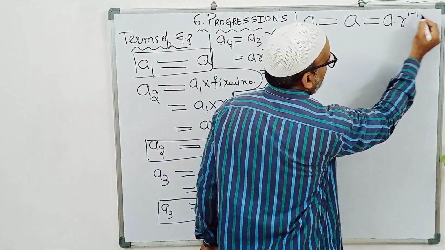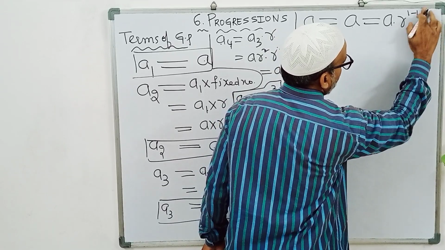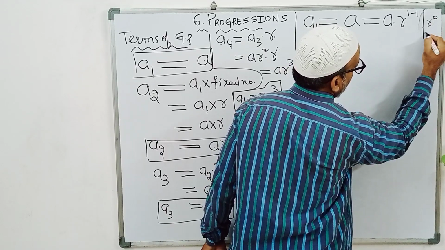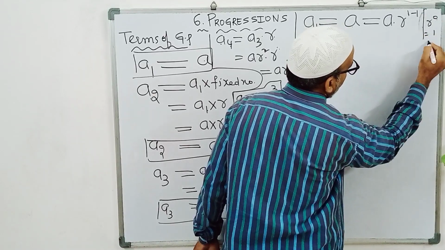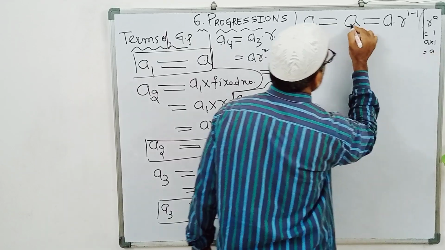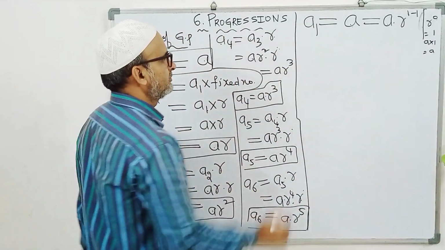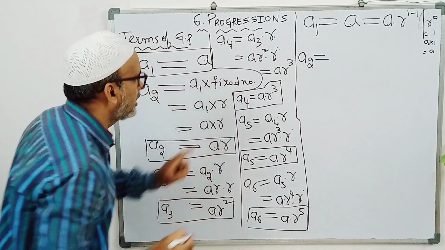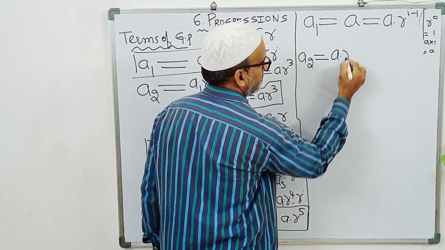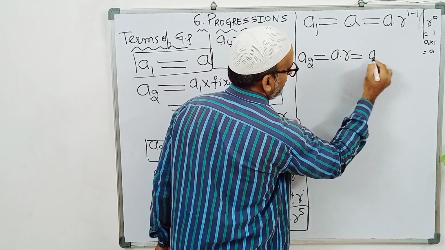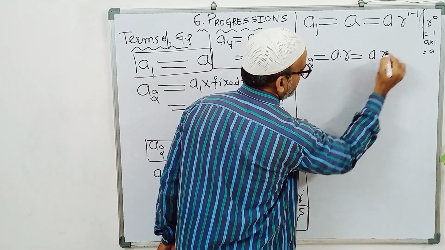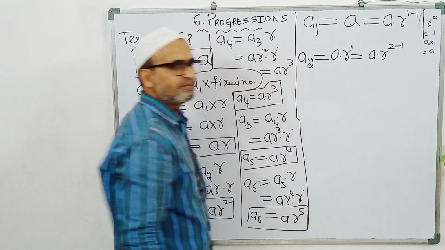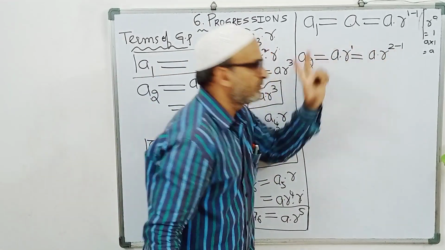Because 1 minus 1 is 0, and r to the power of 0 means 1. a into 1, a1 is a. Okay, next. a2 is equal to a into r. Can I write this as a into r to the power of 2 minus 1? Why? Because the degree of this one is 1, from 2 you take out 1.